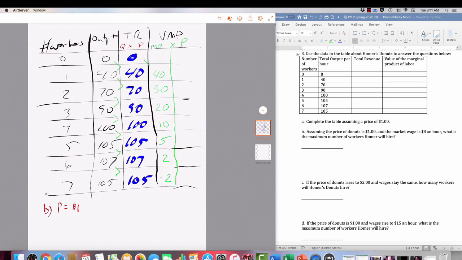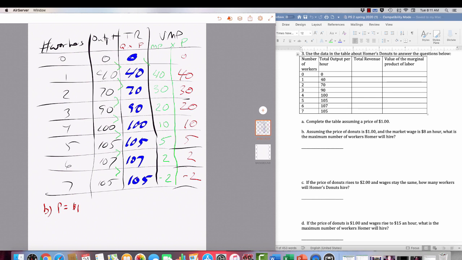The value of the marginal product is 0 in the first line because there is no marginal product. And then it's 40, 30, 20, 10, 5, 2, and -2. We're just taking the marginal product times a price when the price is equal to 1. So that's what your table should look like.